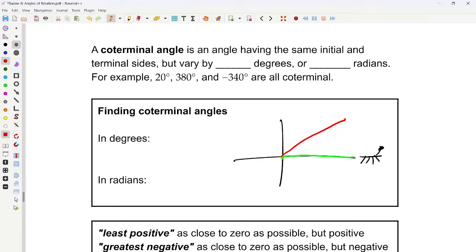And the dog ended right there, like chasing a squirrel somehow. But I'll tell you this, the dog did not rotate 10 degrees, even though that reference angle is 10 degrees. How did that possibly happen? How could you start here, end there, but not rotate 10 degrees? Go ahead.